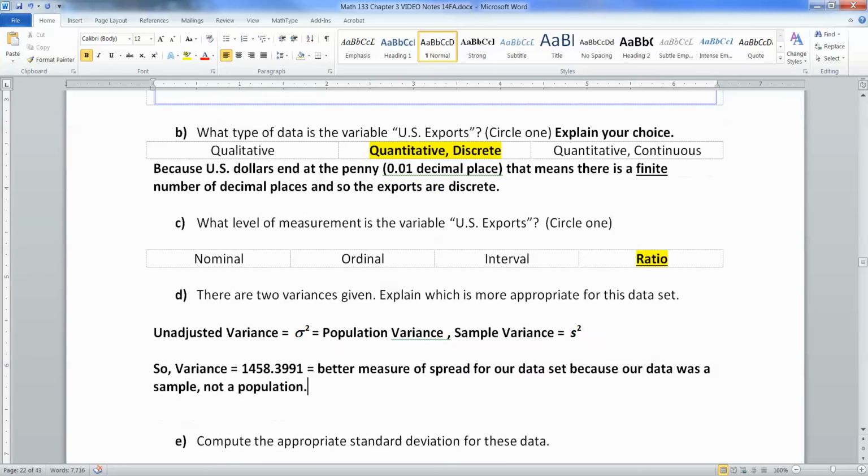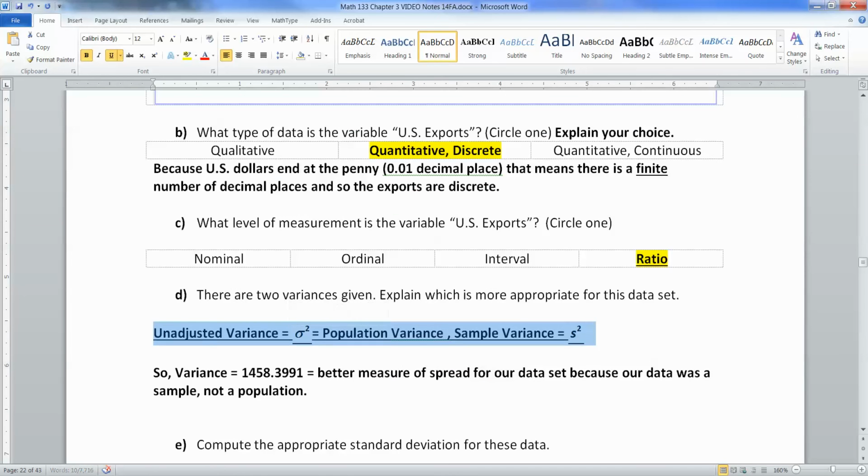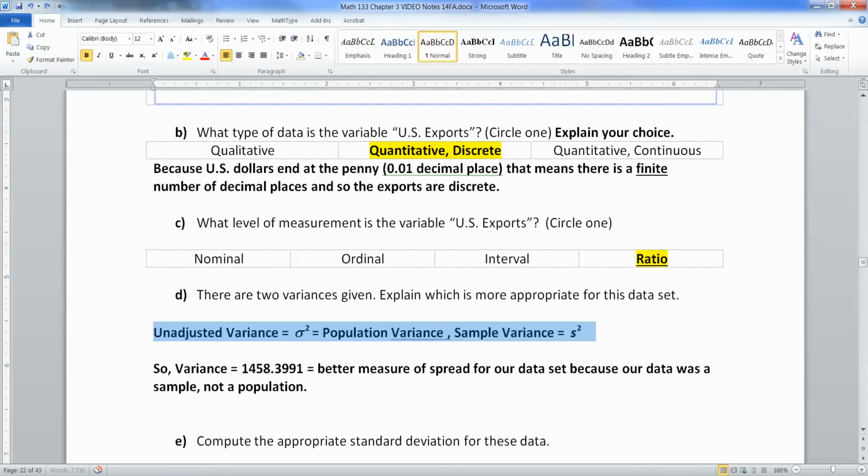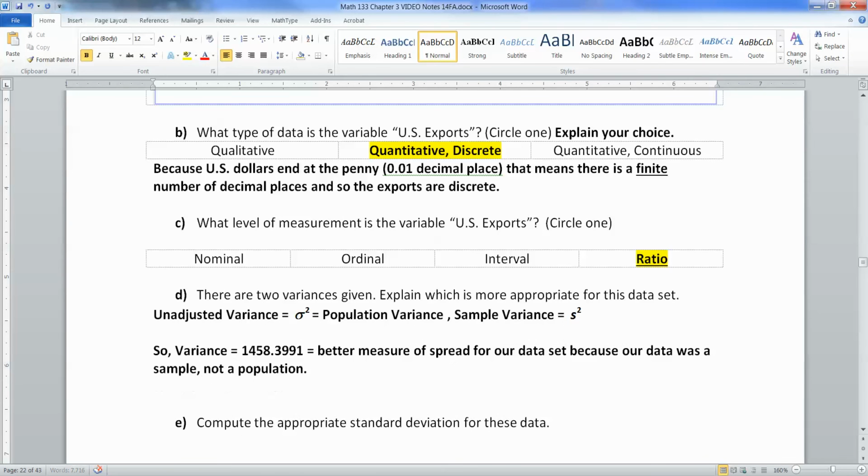If your data set is a population, then you want to use the sigma one, the unadjusted one, right? But since we have a sample, we want to use the regular one, right? Equals sample variance.